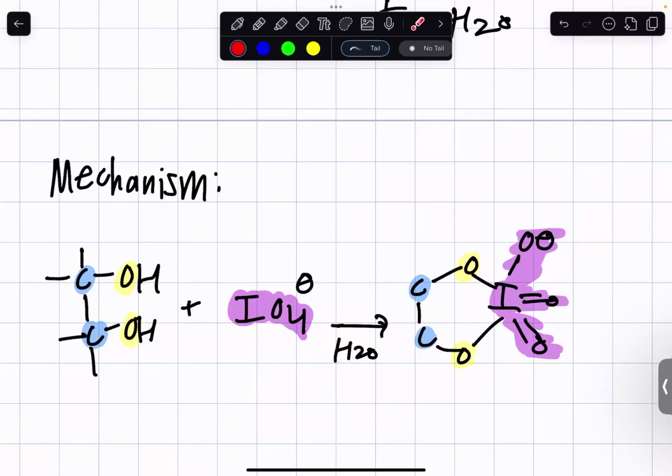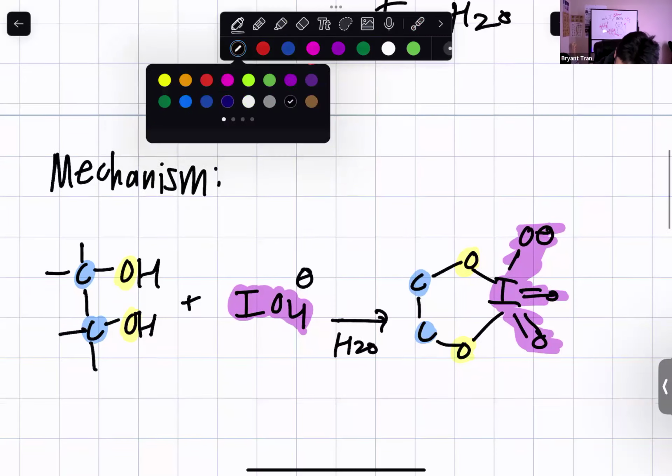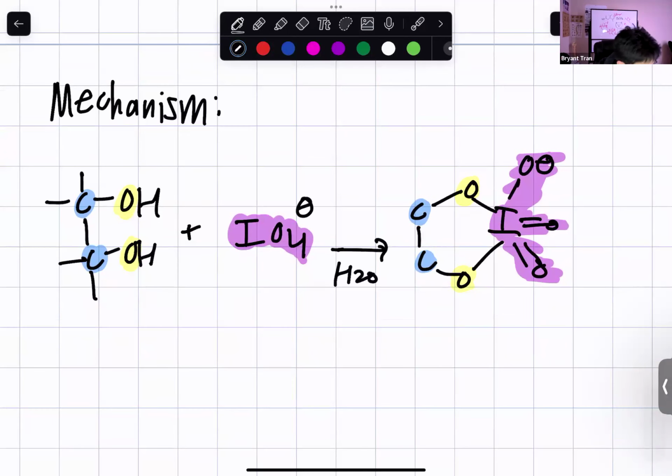Okay. And then from here, he didn't show the, well, I guess he did, the arrows to cleave those bonds are going to be like this. This bond that we're interested in, that's going to get cleaved or broken, is going to make a double bond right here, which is going to form that carbonyl. That's going to kick out this iodine.